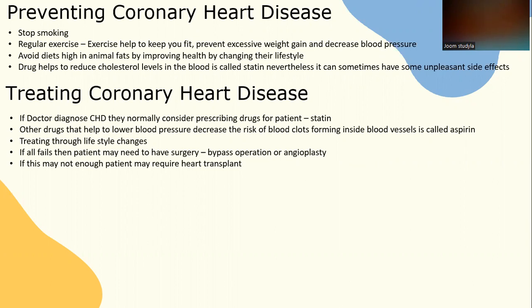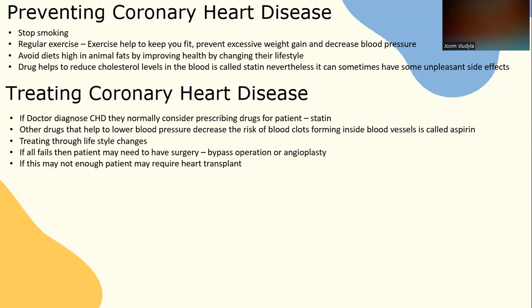And other than that, there is a drug that will be suggested by doctors to reduce cholesterol level in the blood, called statin. Nevertheless, statin is actually not really recommended if you can prevent by stopping smoking and regular exercise, because sometimes taking drugs creates some unpleasant side effects.